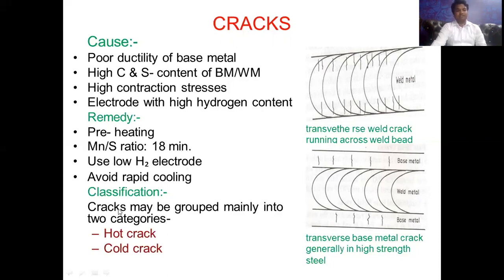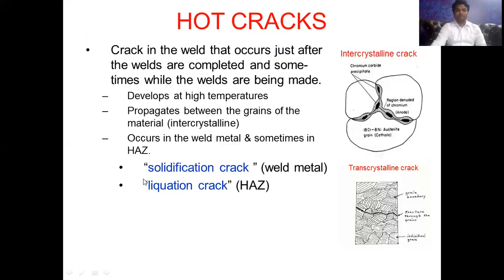The classification: cracks may be grouped into two types, hot cracks and cold cracks. If you look at this figure, the transverse weld crack running across the weld, these are the transverse hot cracks. The crack in the weld that occurs just after the welds are completed, and sometimes while the welds are being made.